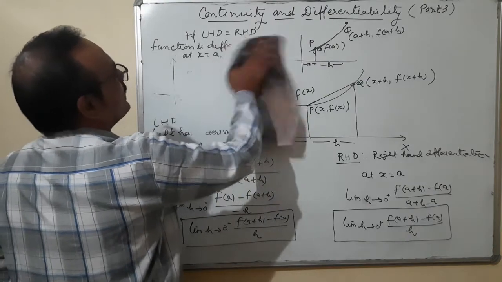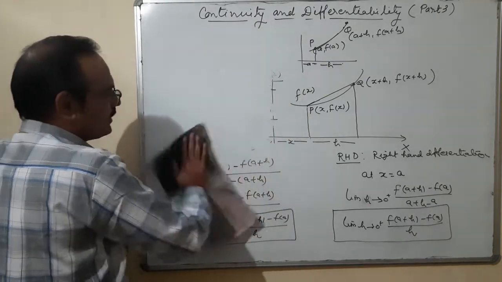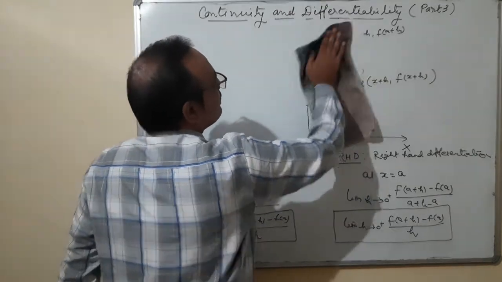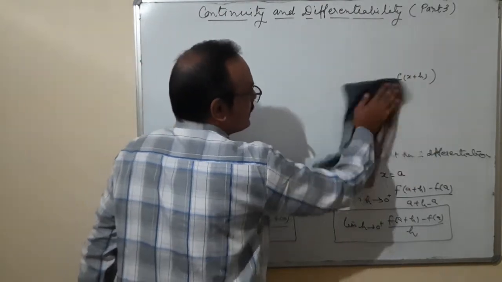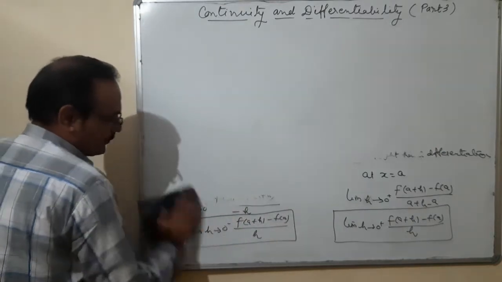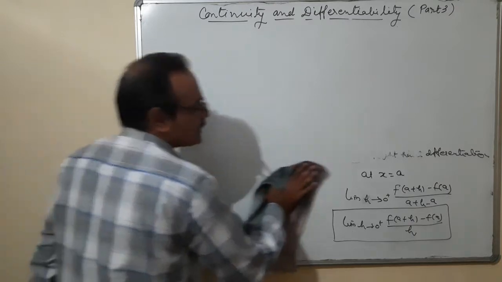After that, one relation between differentiability and continuity. So remember one thing, if the function is differentiable at the given point, that means the function is continuous at the given point. It is true. Okay. If the function is differentiable, then it is continuous. But vice versa is not true.